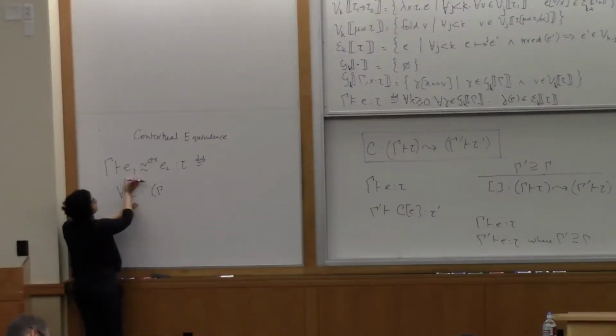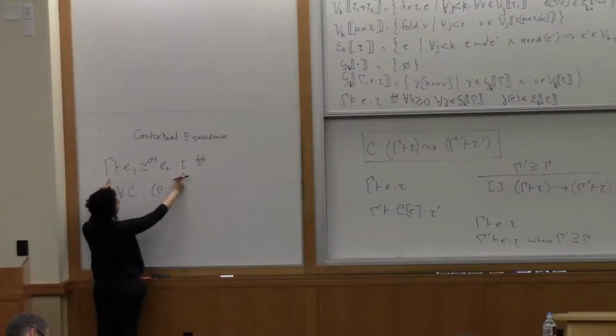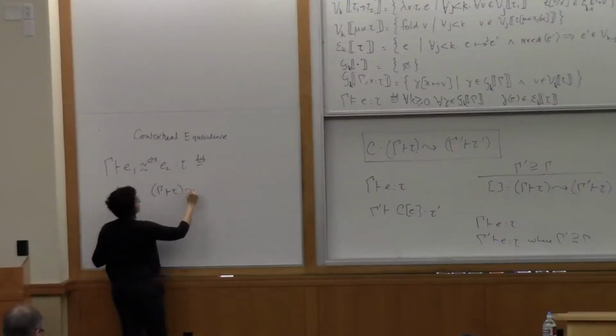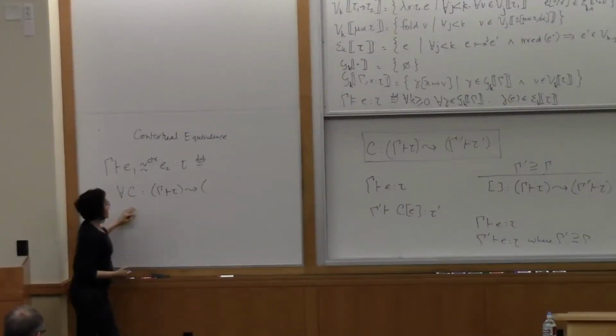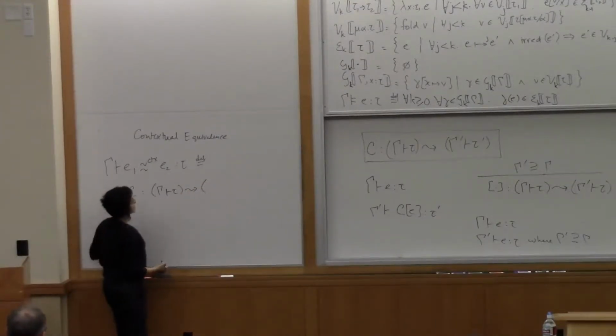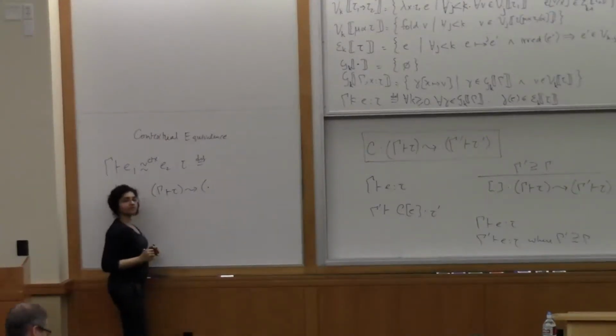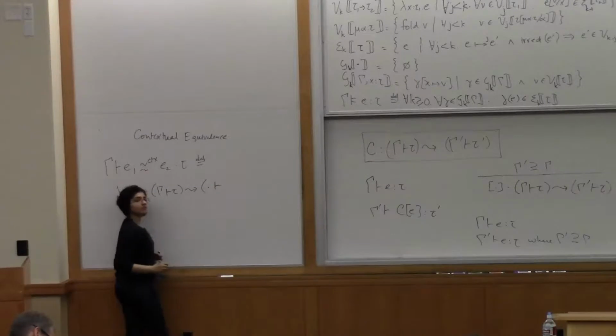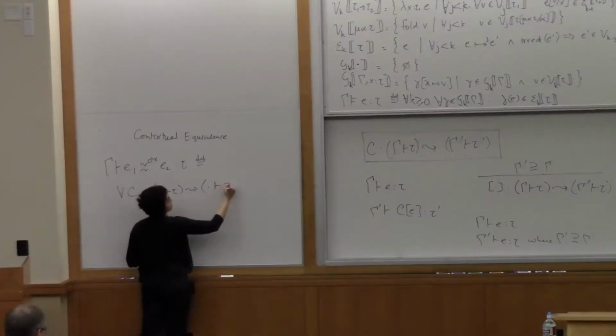Now, the idea is that I want to be able to plug in these expressions E1 and E2 into the context. So the hole of the context has to match this, right? The gamma tau. And the context has to be such that when you plug in the hole, you get a closed expression, okay, of some arbitrary type.